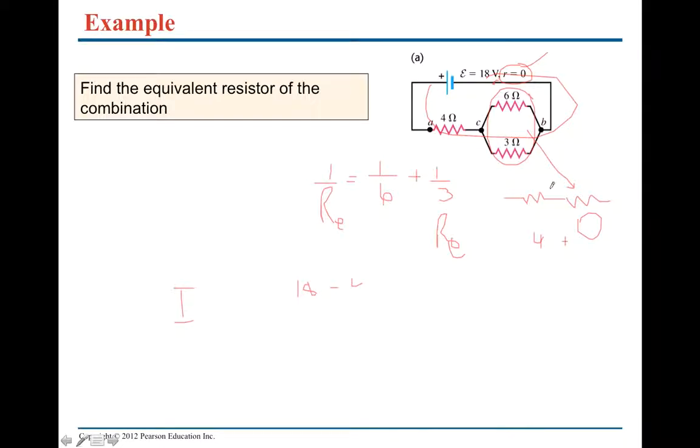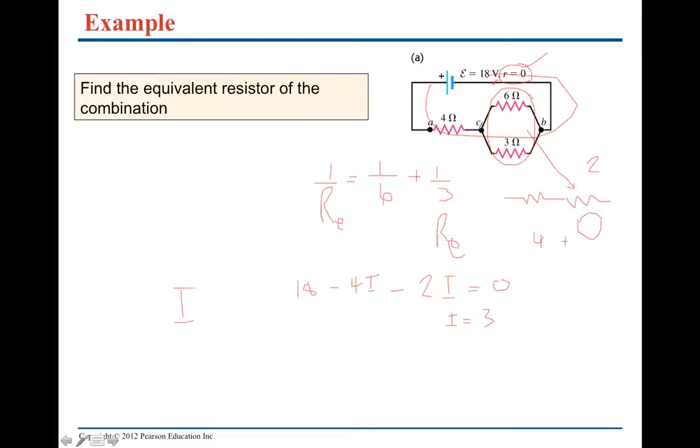So this is 2, and I can write 18 minus 4I minus 2I, because now these two are simply one resistor. So 18 divided by 6, so I is equal to 3.